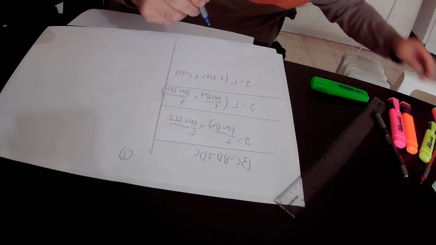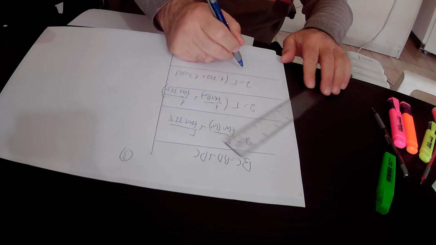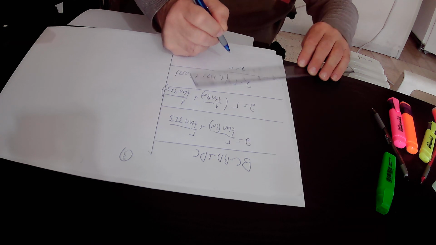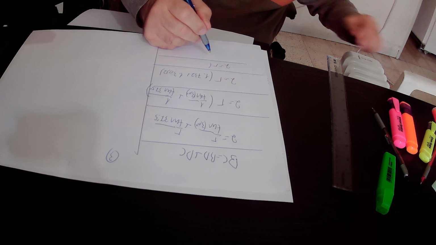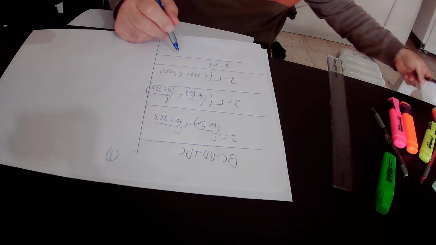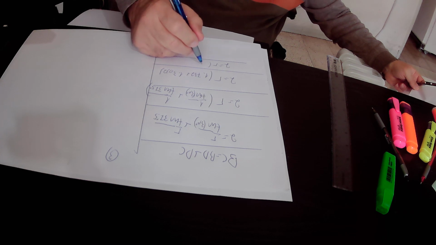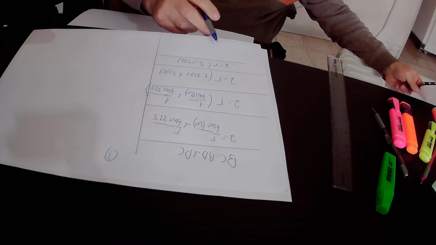So we can find that 2 equals R times 1.732 plus 1.3032, which equals 3.0352. So 2 equals R times 3.0352.